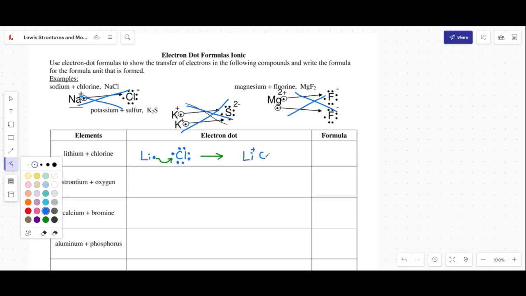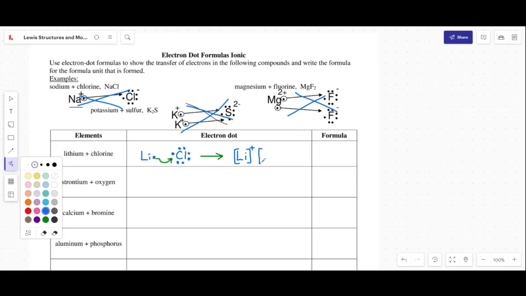I'm thinking about how I want to write this. I think it's probably more appropriate to write it like this. I have Li with no valence electrons and a positive charge.